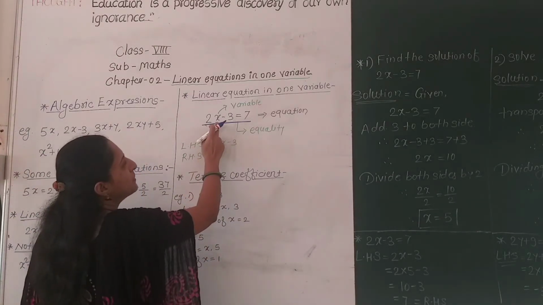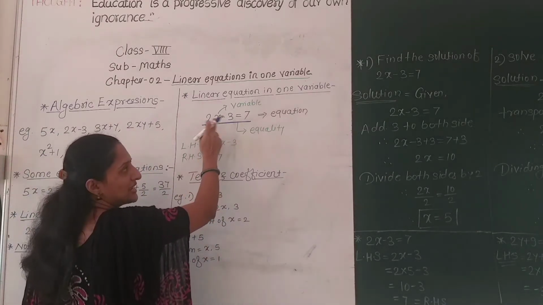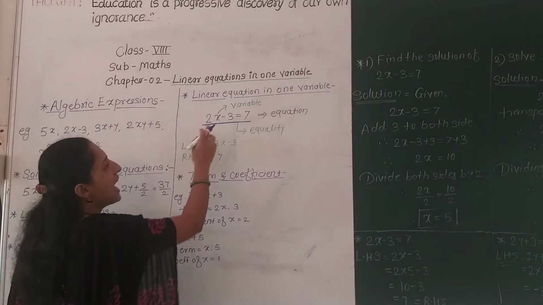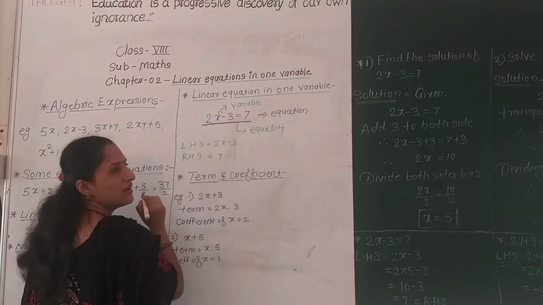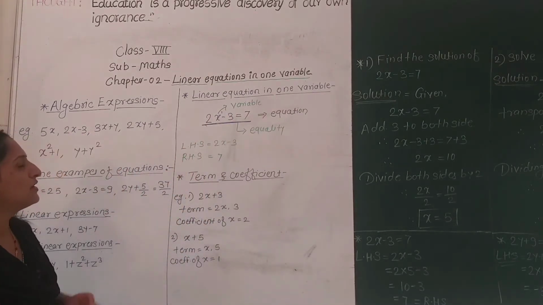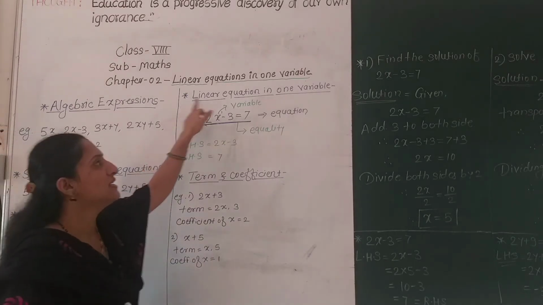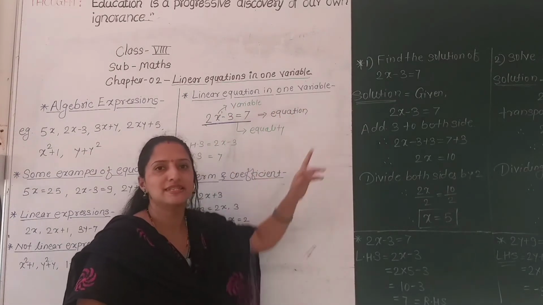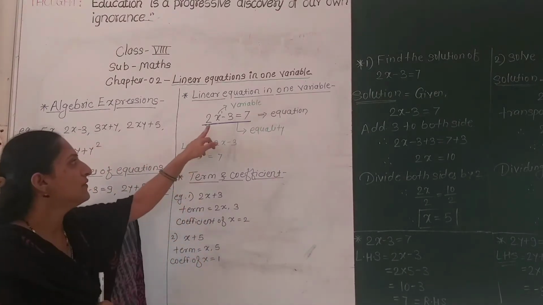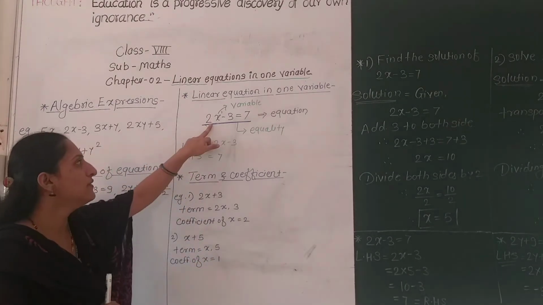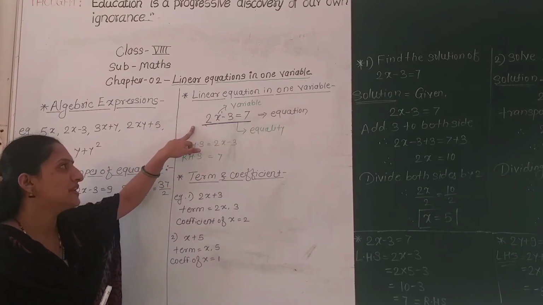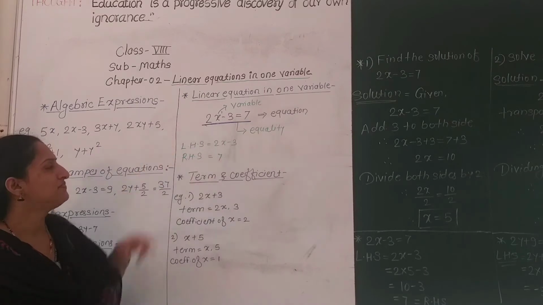Here only one variable is used, which is x, and highest power of that variable is 1. Therefore, it is a linear equation in one variable.